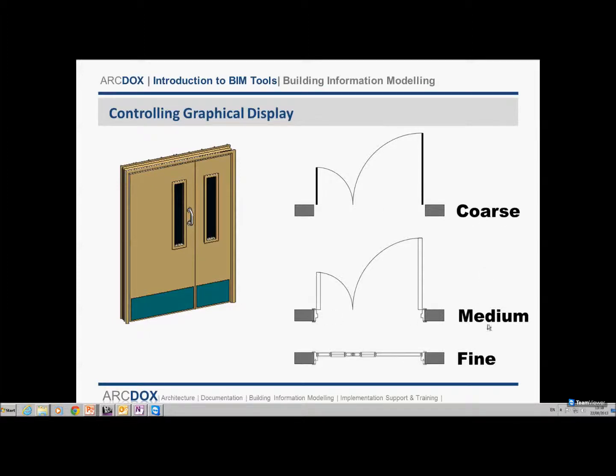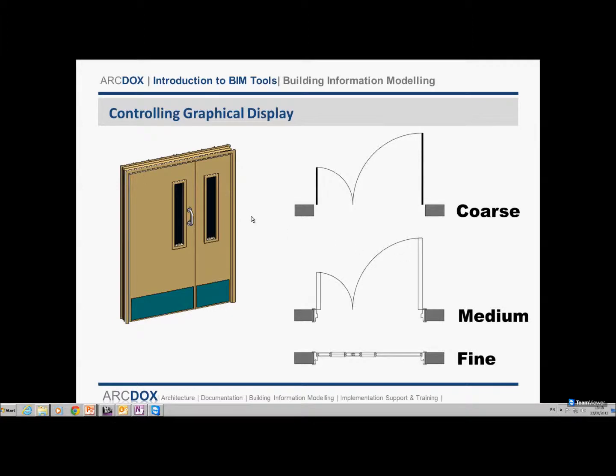Then if you put your view into medium level of detail, you have a bit more extra information around the frame. And then in fine level of detail, you have a good bit more information within here. And all this information is generally 2D within your actual 3D elements.